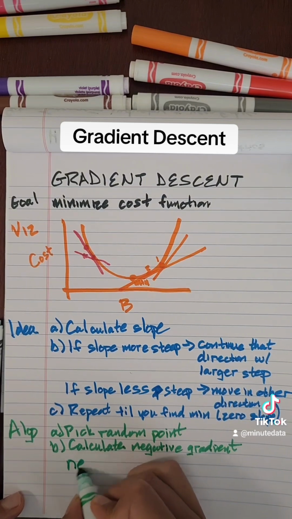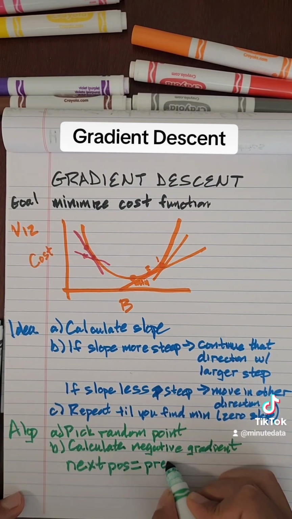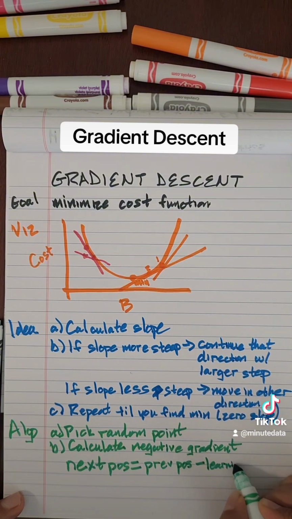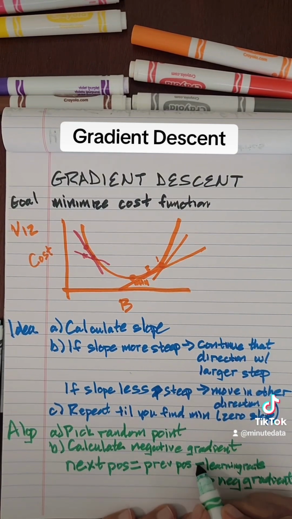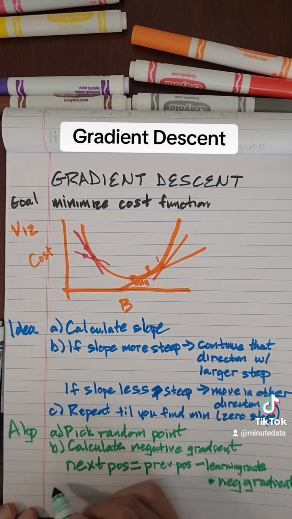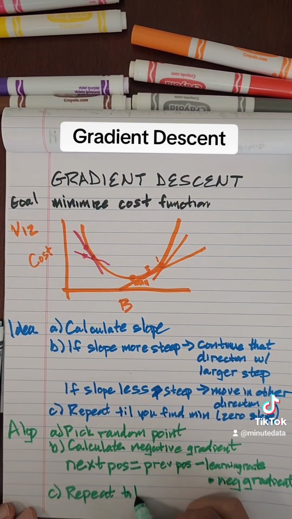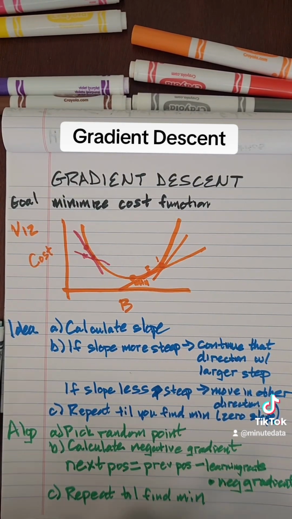And then in terms of your next position, your next position will be equal to the previous position minus some learning rate times the negative gradient, or the slope. And notice we have a negative here, which is why we use the negative gradient there. And then you repeat this algorithm until you find the minimum. And yeah, that is a brief overview of gradient descent.